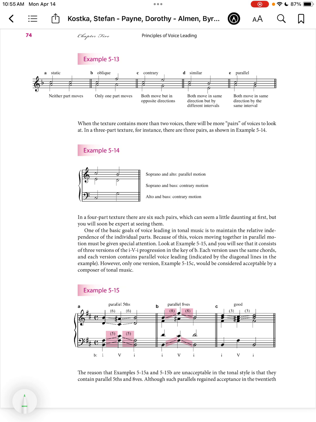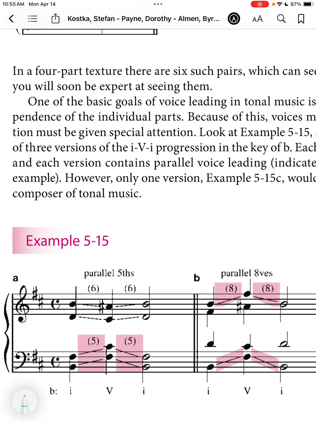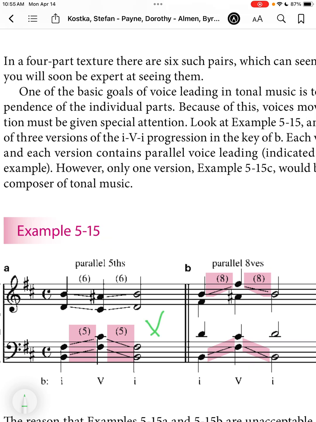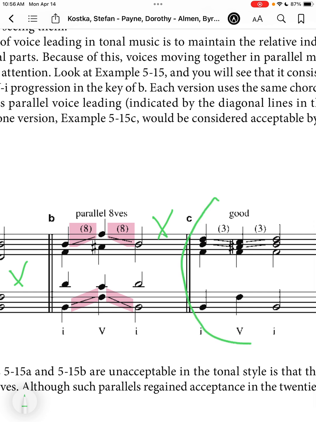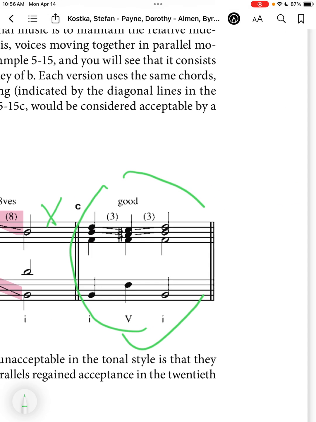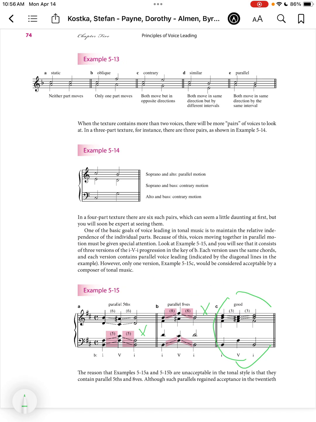I wanted to make it simple for you. This is a no-no. You don't want that. This is what you want, right here. Parallel thirds are fine, or fourths. That's technically where you want to be.